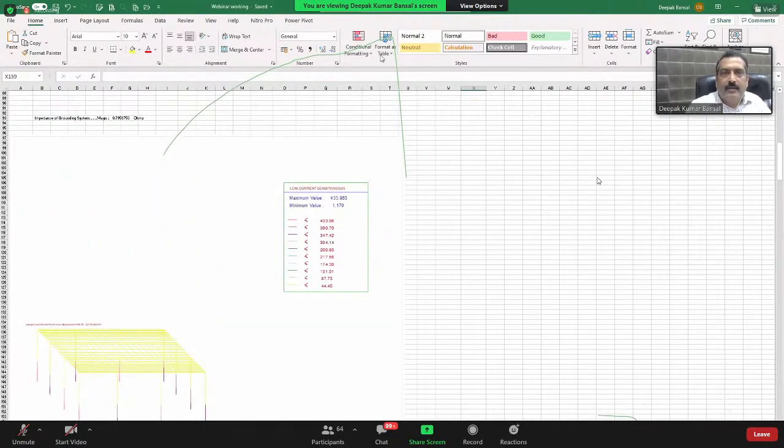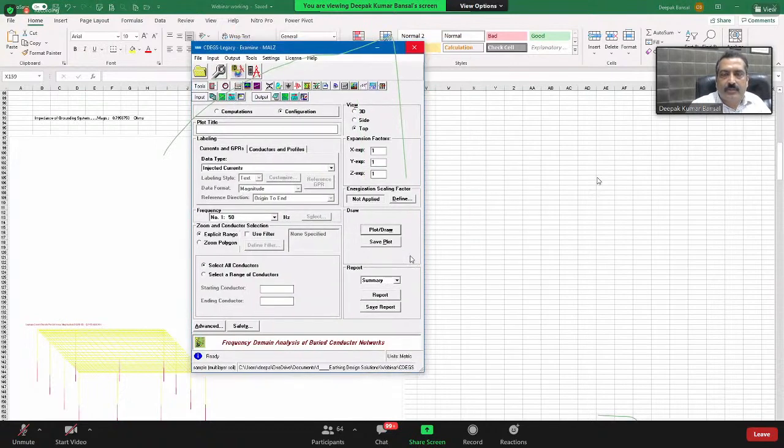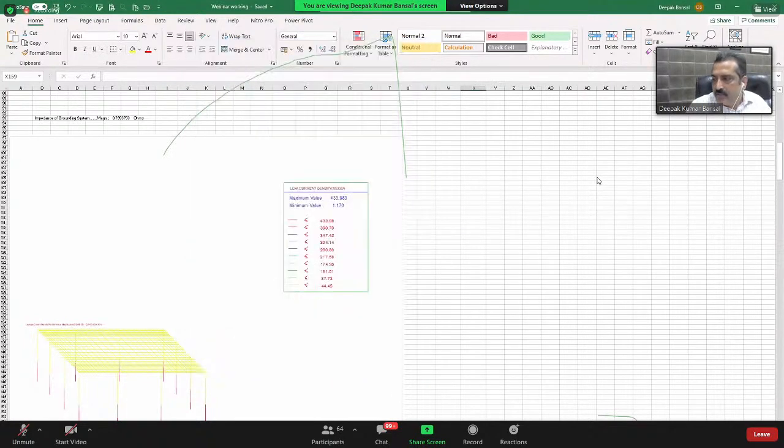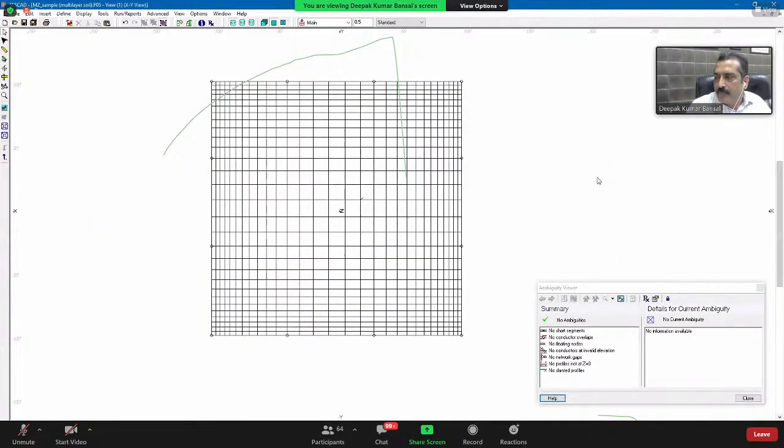Okay, now I'm going back. I'm closing it, and we will do the entire exercise again with the uniform soil resistivity. The soil model will change.